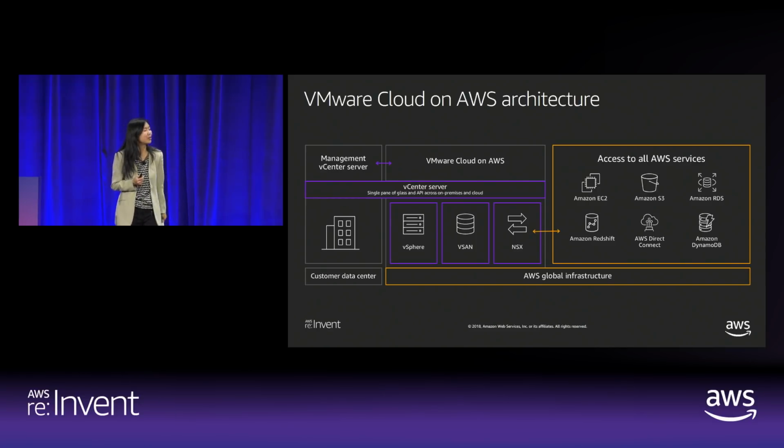I also want to call your attention to the arrow that's lower down there, the yellow color, that's connecting between VMware Cloud on AWS and the rest of the AWS services. Know that when we put VMware Cloud on AWS there, we do not want to ask customers to worry about setting up all the proper tunnels in order to access AWS services.